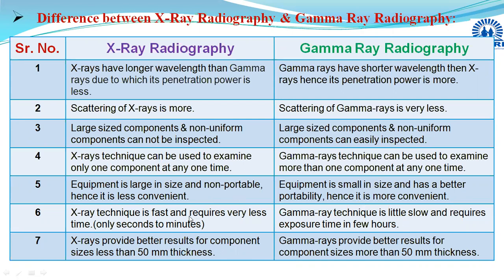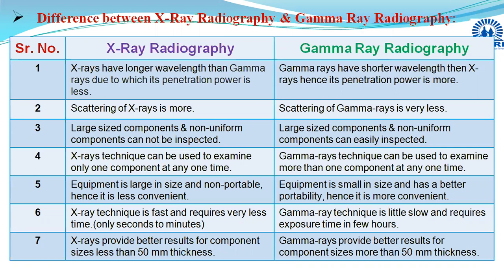Then the X-ray technique is fast as compared to gamma rays. It is very fast and can be completed in a lesser time. We discussed xeroradiography, which is completed within 45 to 60 seconds.